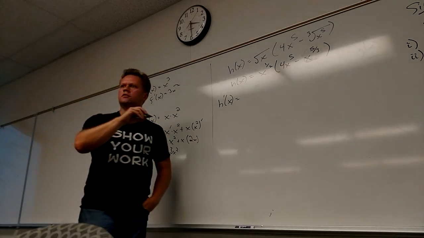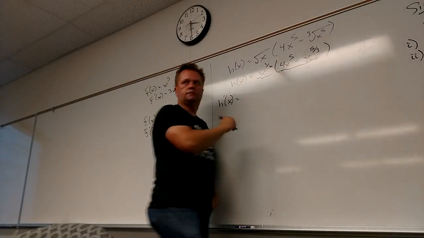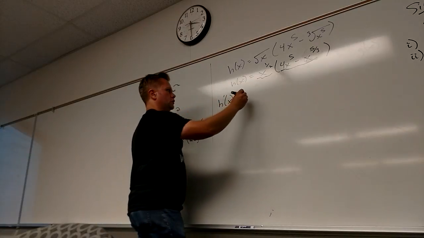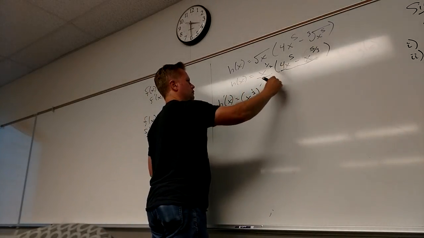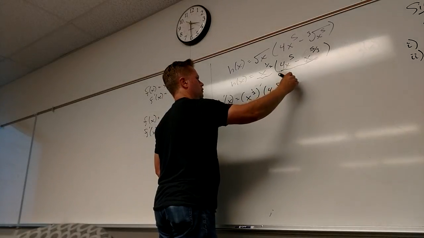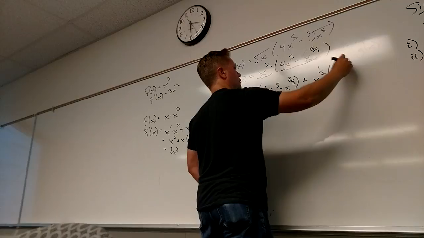What are my two functions? X to the 1/2 and all this stuff. So the rule says you take the derivative of the first one times the second, plus the first times the derivative of the second. Leave that guy alone. I like it.